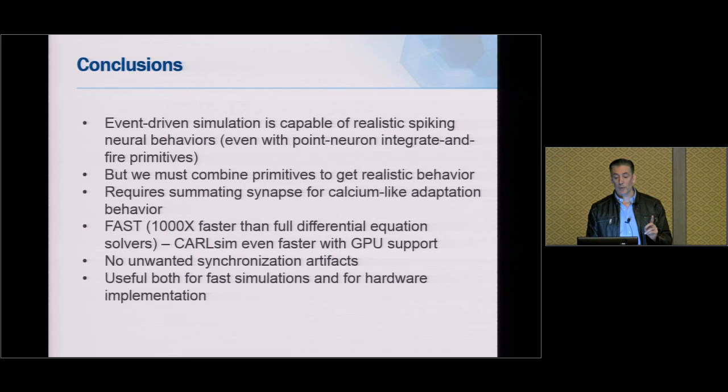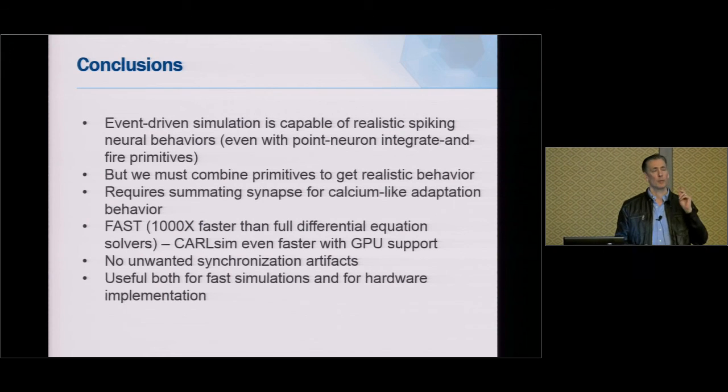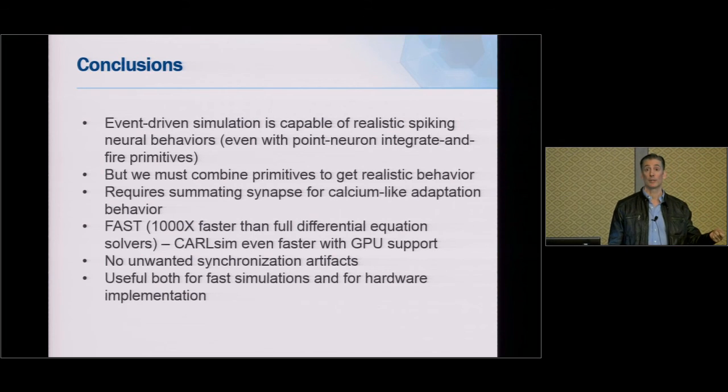Finally, it may be useful not only for fast simulations of large networks. If you can run this code in simulation, then with something like Steve Furber's beautiful SpiNNaker system, it would make the most sense on his system because he has all these ARM cores. You could run an event-driven simulator in every one of those ARM cores as an alternate way of implementing your network.